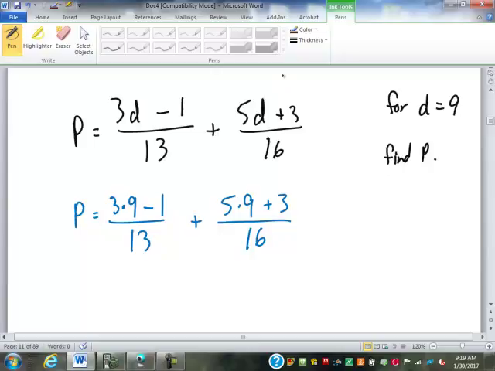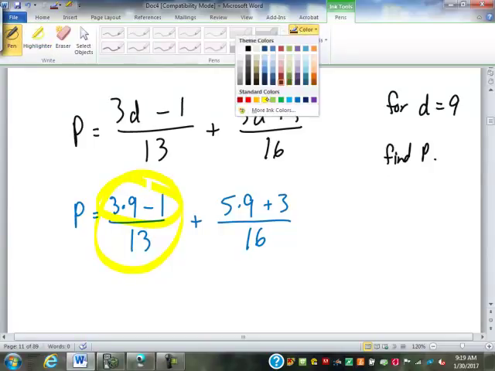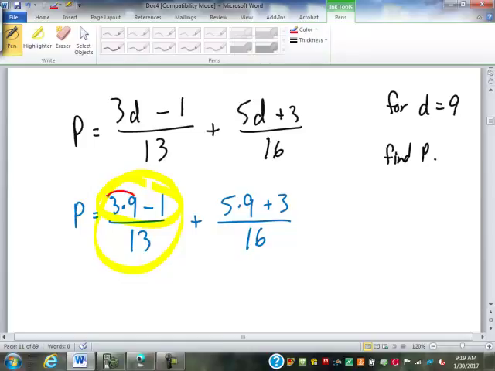So this is basically two problems combined into one. We have to do this first piece here first. And of course, we have to do what's on top of the fraction bar first. So on top of that, what do we have to do first? Multiplication. 3 times 9 is 27, minus 1 is 26.